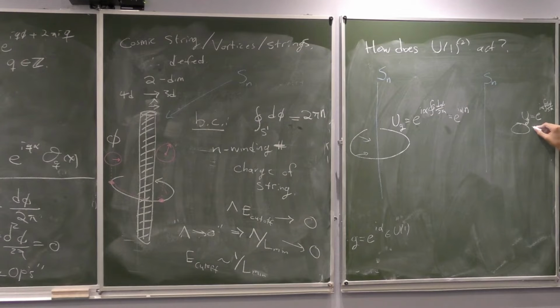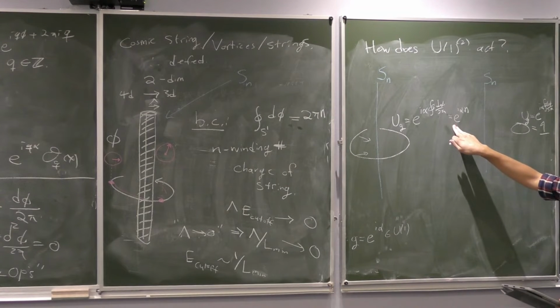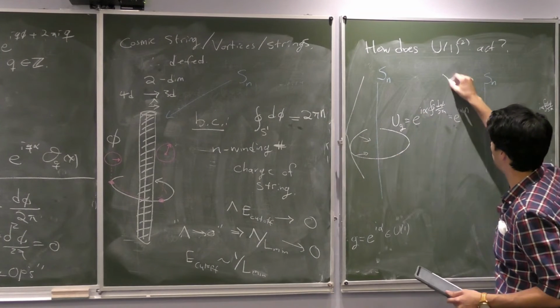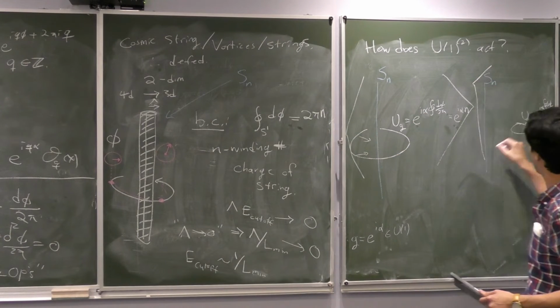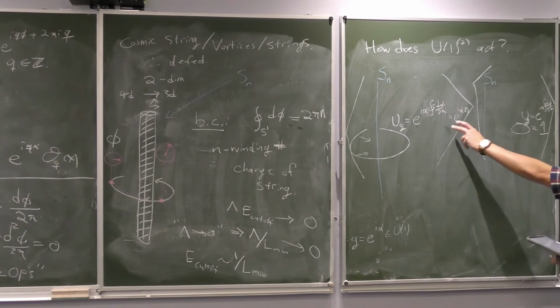And so this is actually going to be evaluated to 1. And so the point is, there is an action of the group by the fact that this is a correlation function, and this is another correlation function. They're equal up to this phase, e to the I alpha n.